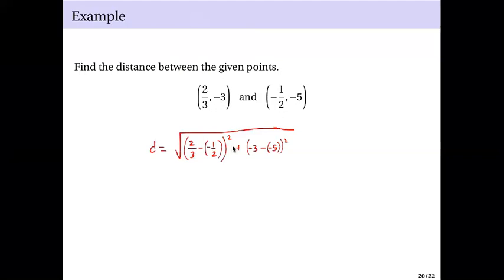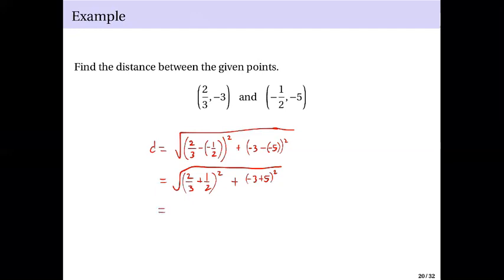And then you just do this. That's 2/3 plus 1/2 quantity squared, and then minus 3 plus 5 quantity squared. And then you take the square root of this.